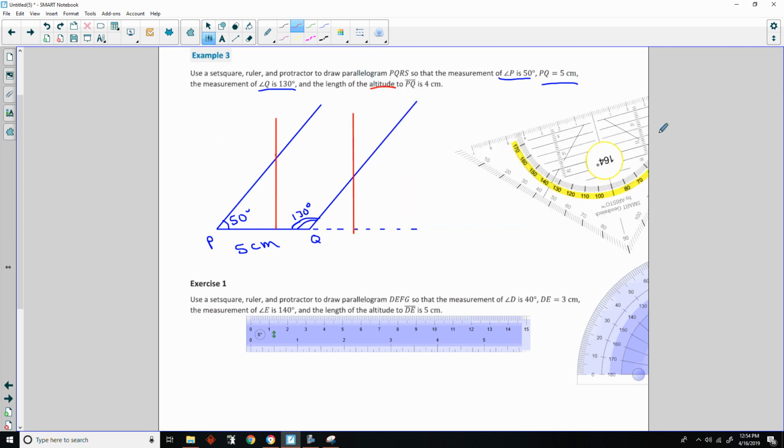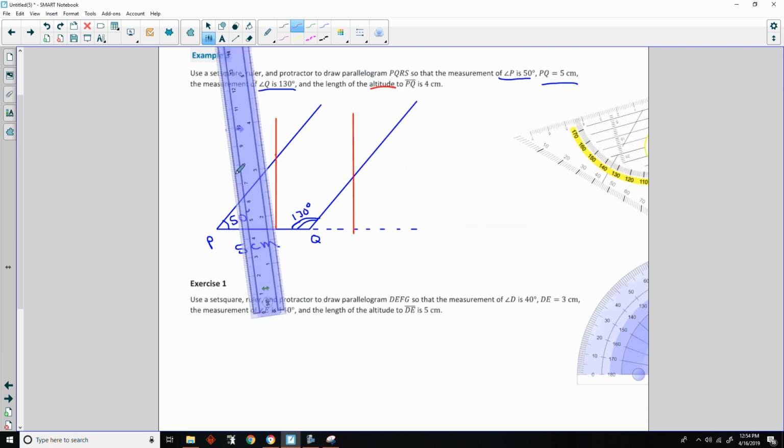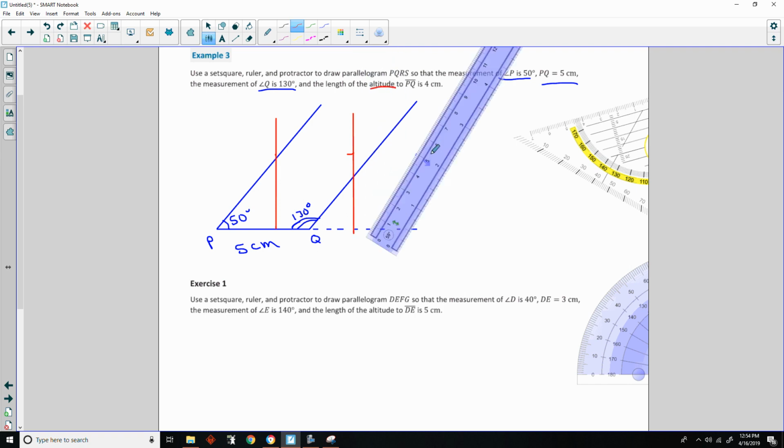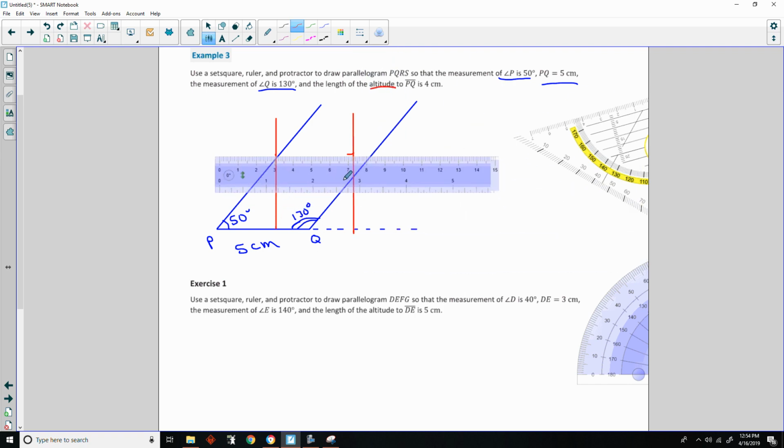Okay, and then I would measure that vertical line to be 4 centimeters as well. Put 0 right at the intersection. Draw a segment up to, oops, there's already a segment there. Put a mark at 4, and then connect those 2 points.